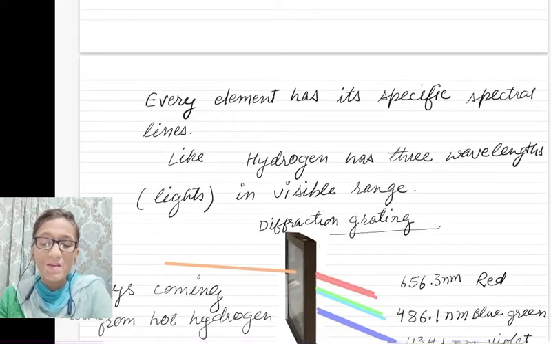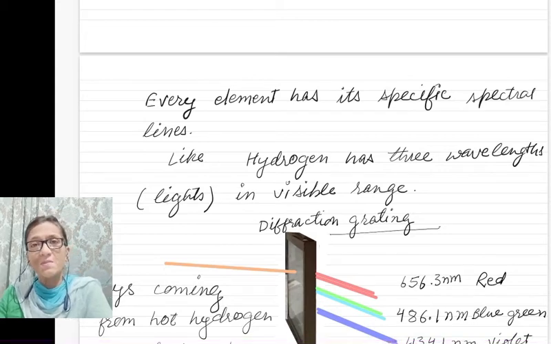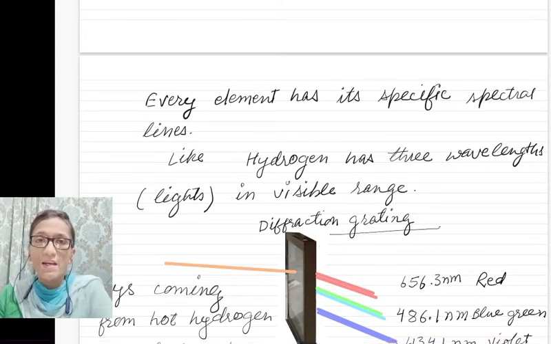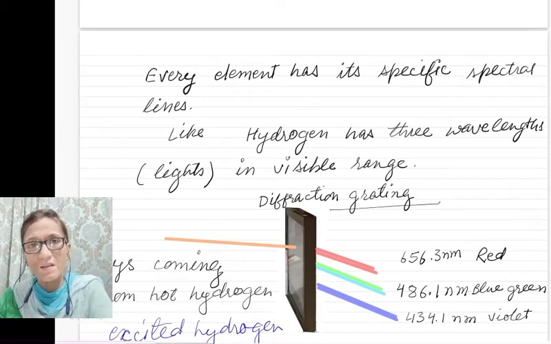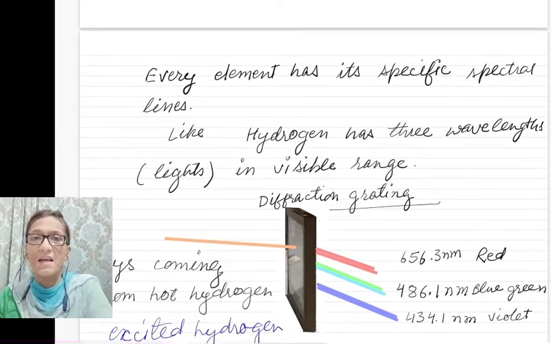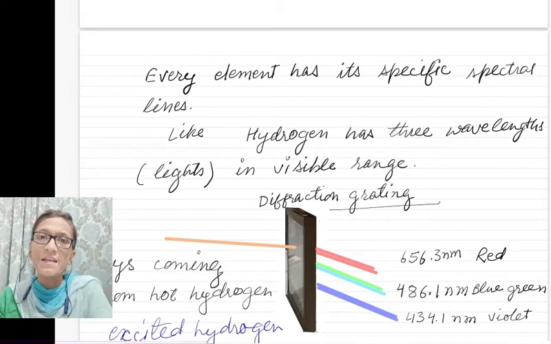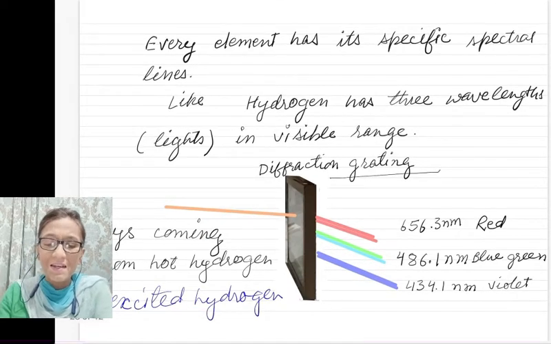Now, every element like sodium, helium gas, neon gas, hydrogen, every element in its excited state, meaning when you are applying a very high electric field or it is highly heated, then it can make a spectrum.